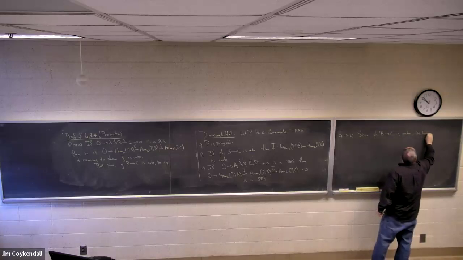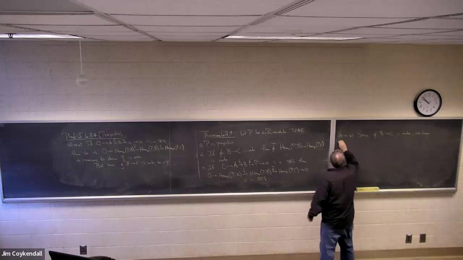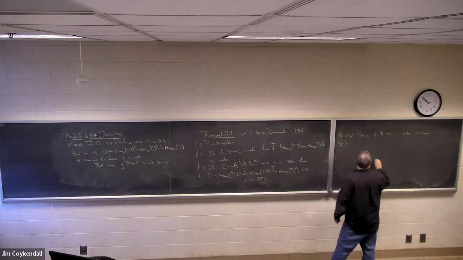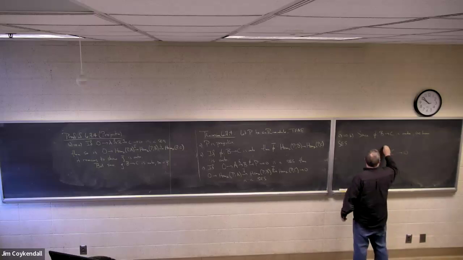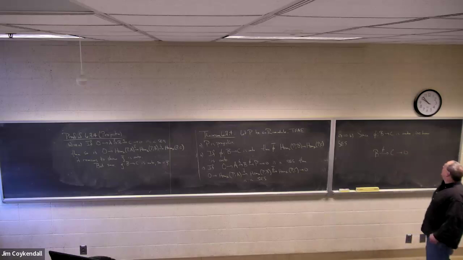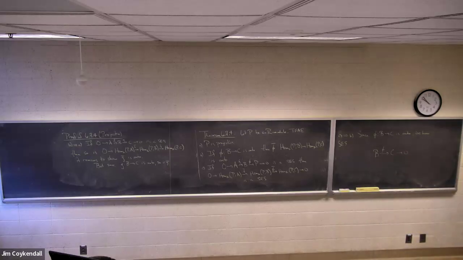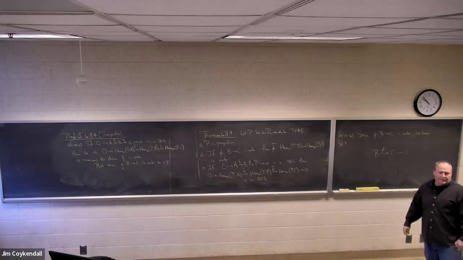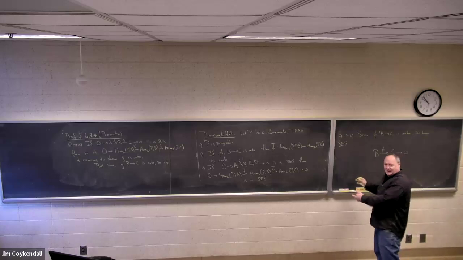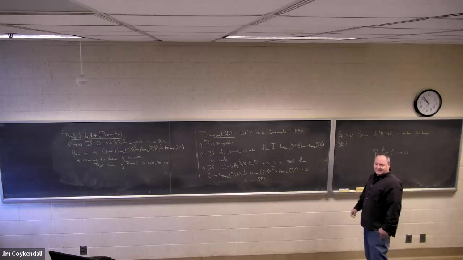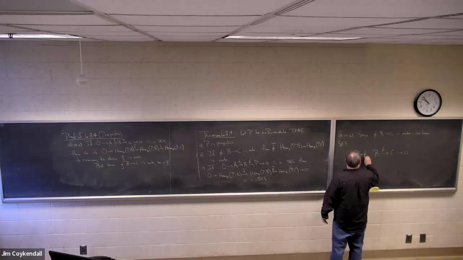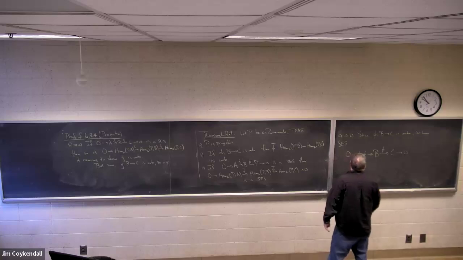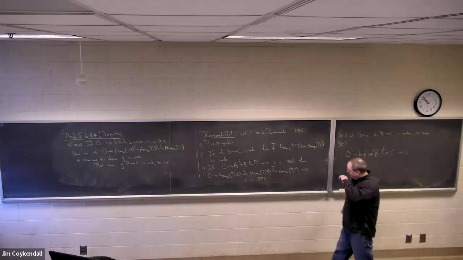We have a short exact sequence given by B to C. This is onto. And how would I finish off the short exact sequence with the other pieces? That's the easiest way to put the front on this. There you go. So this is a short exact sequence.